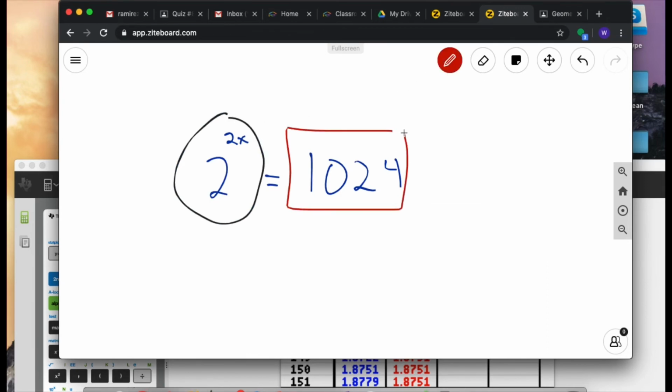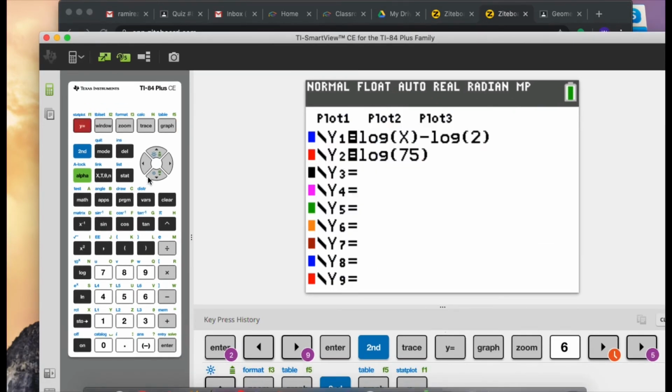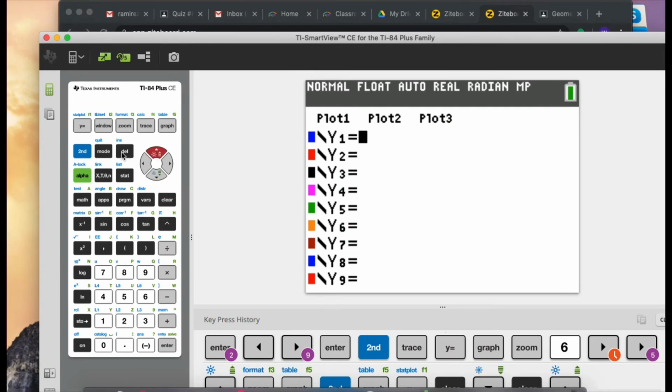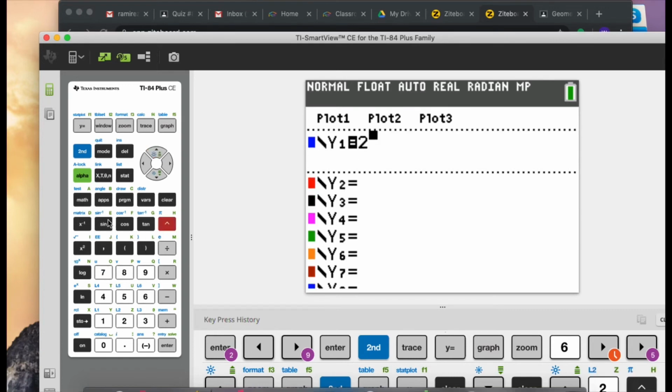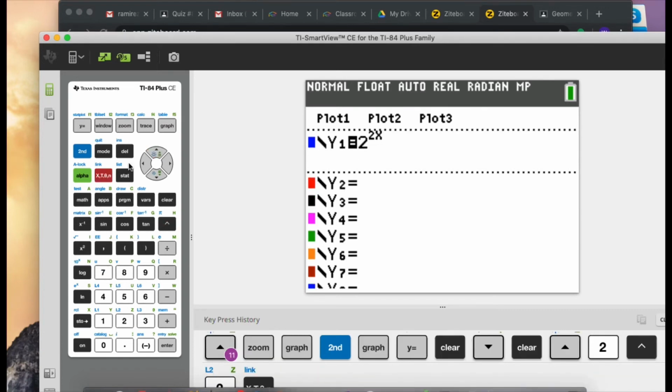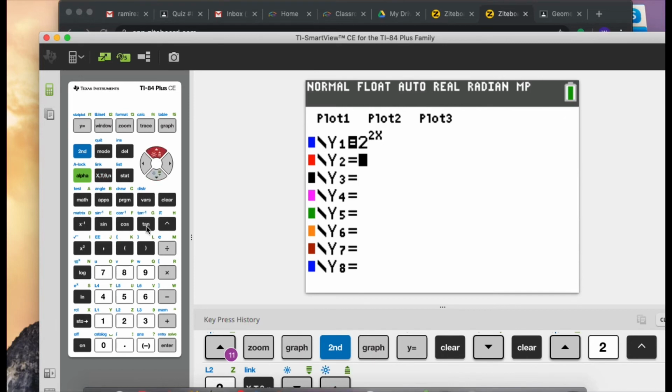I'm going to enter both of these into my calculator. That'll be y2, this will be y1. So set y equals, let's clear all this out. Now I'm going to do 2 raised to the 2x. That's my exponential equation. And I'm just going to do 1024.